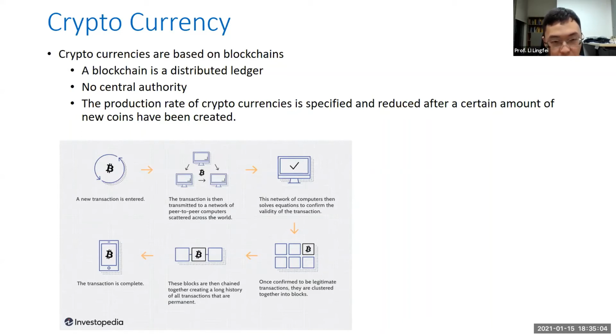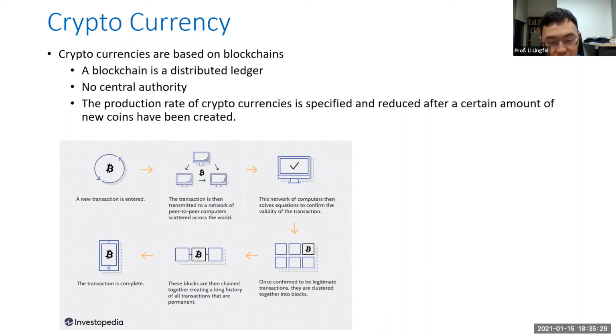So a transaction is only confirmed if the network reaches consensus. That is, most of these computers verify the transaction. This is not like the traditional database, which is centralized, where the central authority verifies the transaction. Now it's really a distributed system.